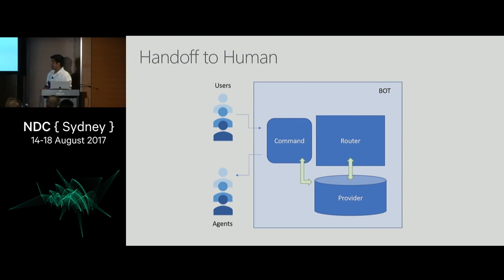What is also interesting is that the provider maintains state for the user as well, where it's able to understand if the user is connected to the bot itself, if the user is waiting to get connected to the agent, or if the user is connected to the agent. So it's maintaining those three states, and I'll show you that in the next demo.